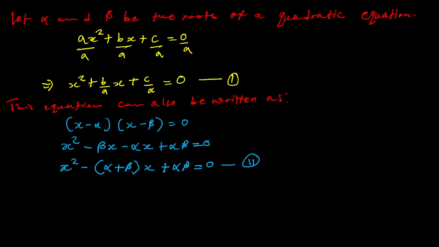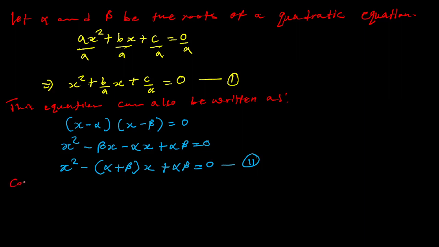Now we have two equations. We have the first equation, which is in yellow, and we have the second equation, which is in blue. So what we now need to do is to compare the two equations. We can now compare the two quadratic equations.